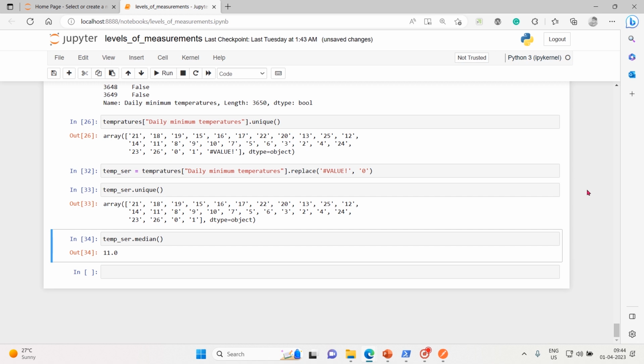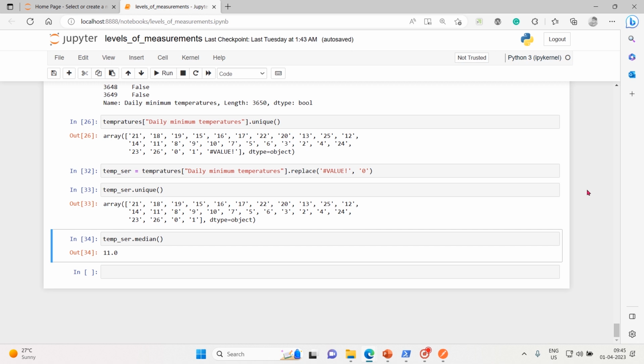Those are also subdivided: mean, median, mode come under measure of central tendency; variance, standard deviation come under measure of variability; and then you have min, max, and range, which also come under measure of variability. That's how these are subdivided.